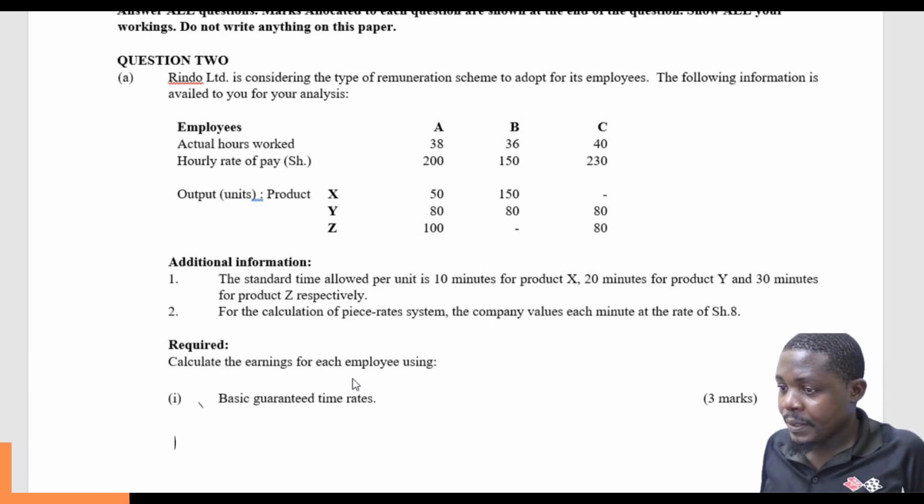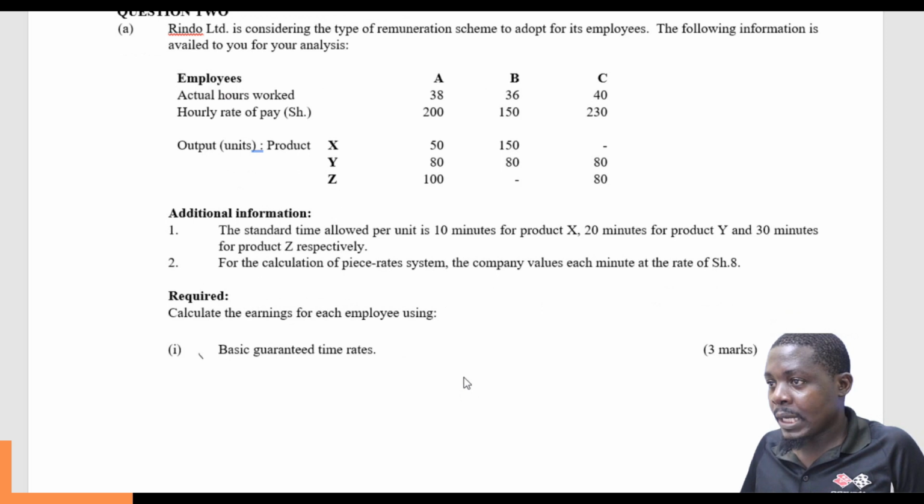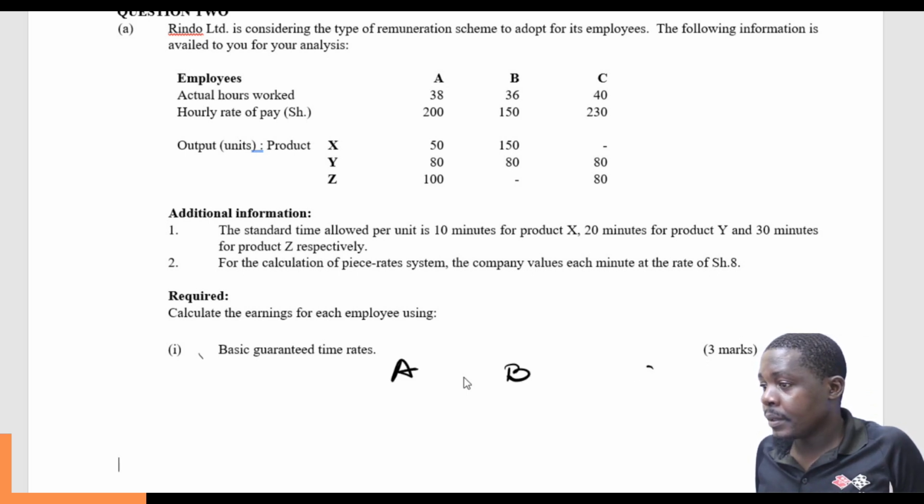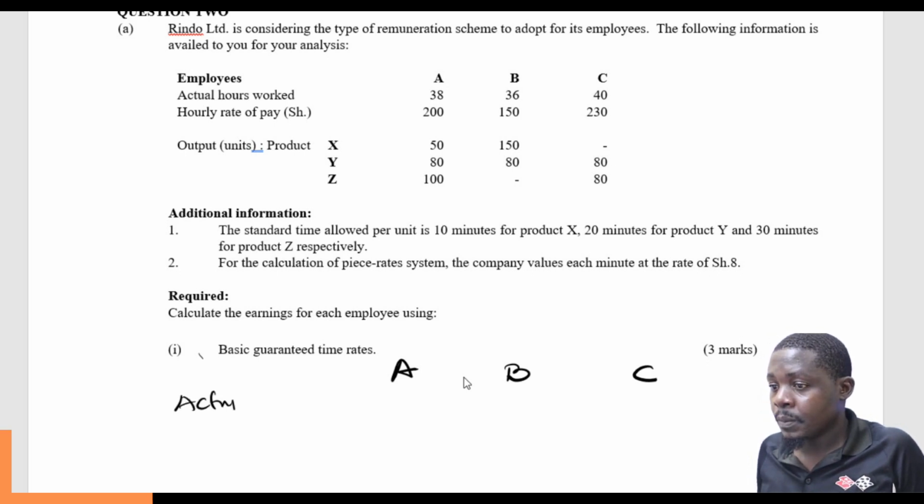We have the employees. Let me use this particular worksheet. We have employee A, B, and C. We have actual hours worked, that is 38 hours, 36 hours, then we had 40 hours.